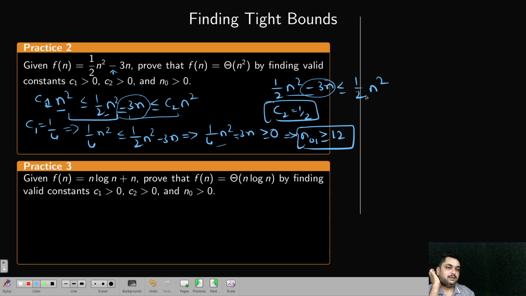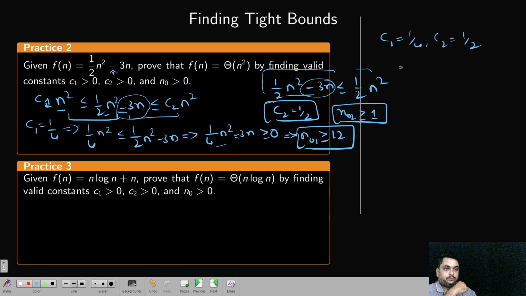So definitely this part will always be less than this part for any n naught value. So n naught 2 is greater than or equal to 1. So the final maximum of these 2 is 12. So C1 equal to 1 by 4, C2 is equal to 1 by 2. Then n naught should be greater than or equal to 12, the maximum of 1 and 12.